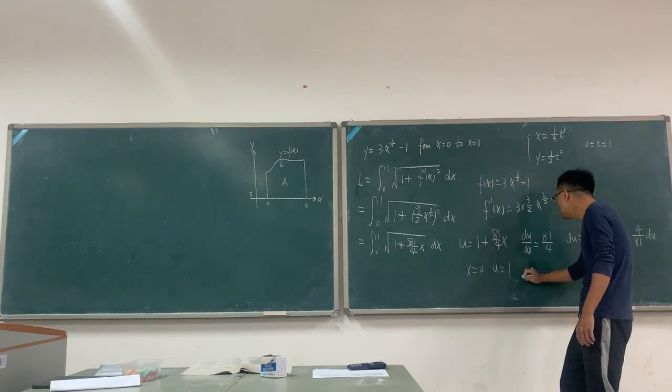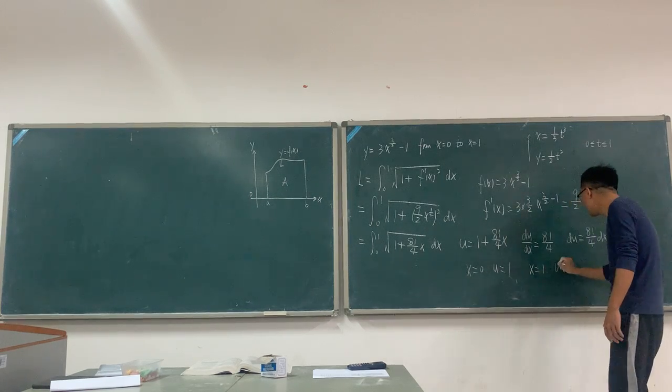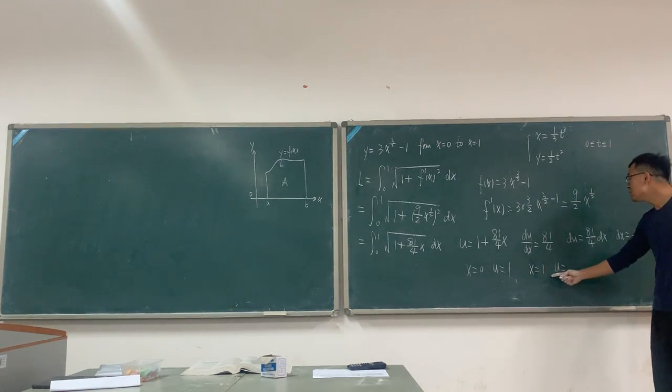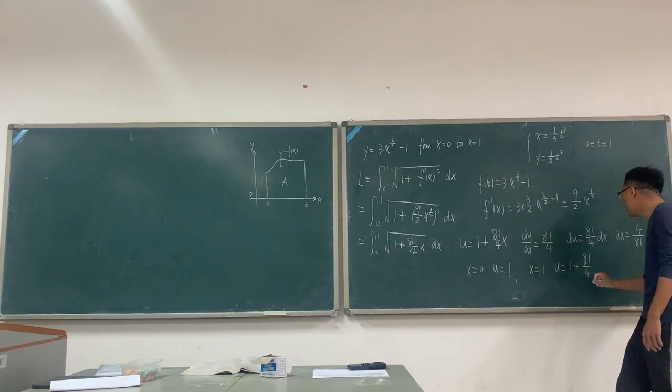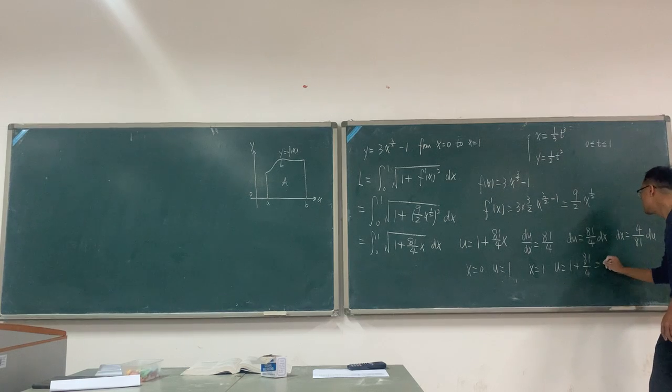When x equals 1, u equals 1 plus 81/4, so it's 85/4.